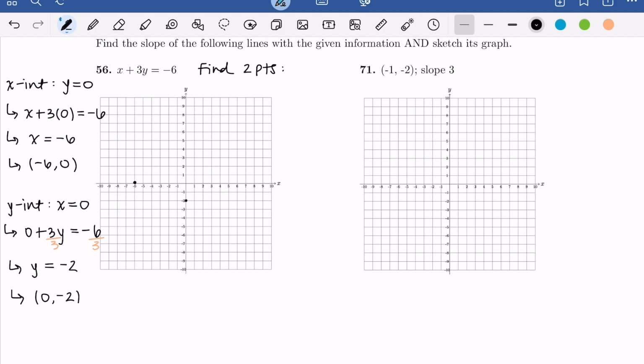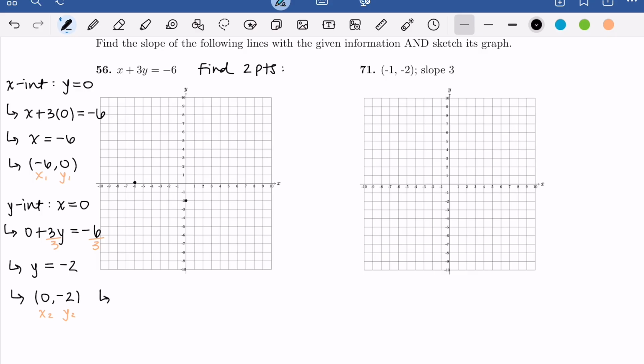We can easily just connect these dots and get our line. We know that all we need is 2 points to graph a line. But just to make sure that we are moving correctly, and we also want to figure out what the slope is too, what we need to do with these 2 points that we found is label them and find our slope.